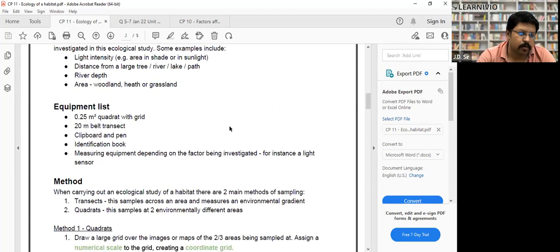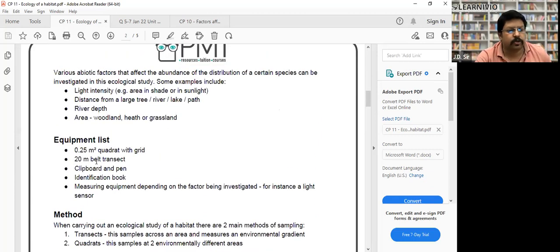So the quadrat should be 0.25 meter square, which means one arm should be 0.5 meter, half a meter, that is 50 centimeter by 50 centimeter. That should be the arm of the quadrat we are taking.